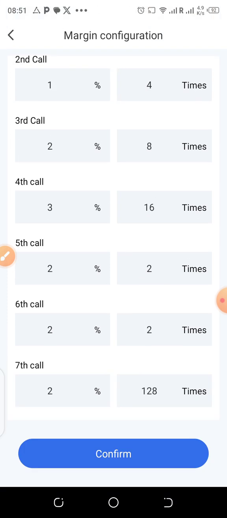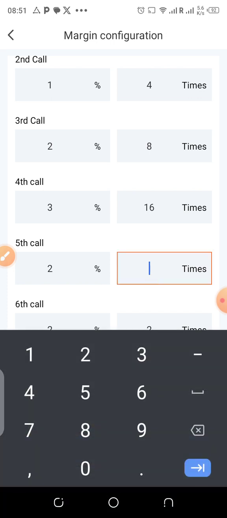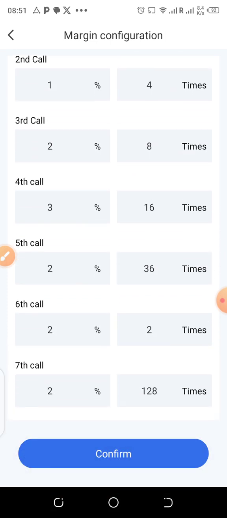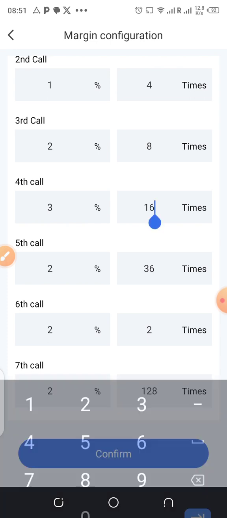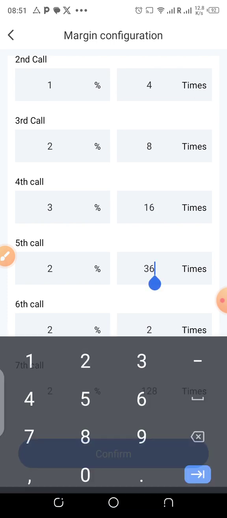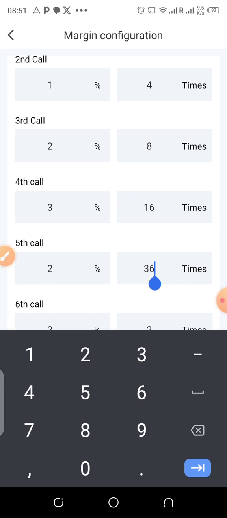You put here 36, because if you are doubling, if this was 16, that means another figure is going to be 36. That is doubling. Each time the robot goes in the market, it doubles your money. It just doubles the first buy in amount. So that is what it means by doubling.